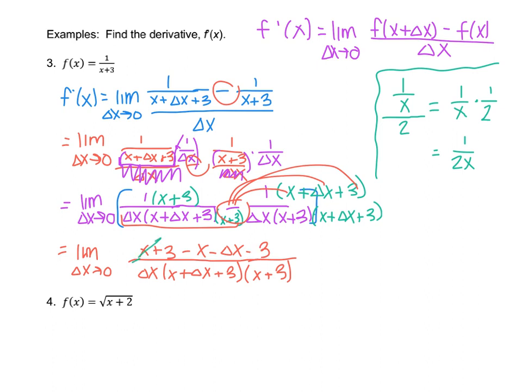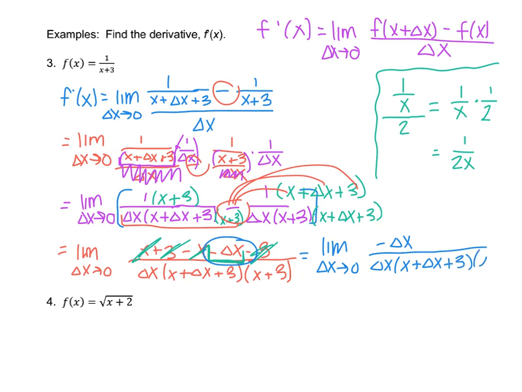What's remaining, don't forget to take the sign out front with it, is a negative delta x. So let me rewrite what we've got here. So the limit as delta x approaches 0, all I have left in the numerator is negative delta x. In the denominator, I've got delta x times x plus delta x plus 3 times x plus 3.